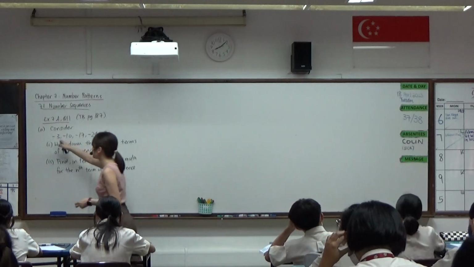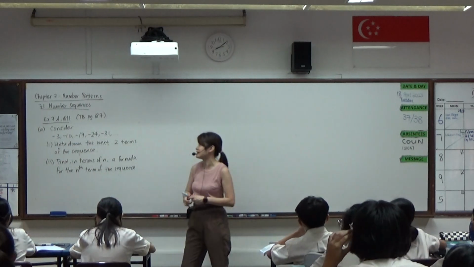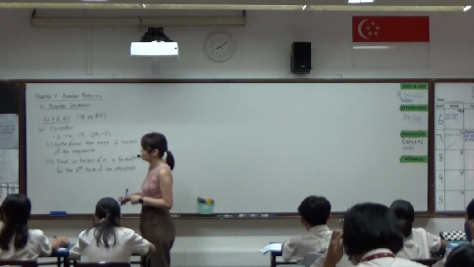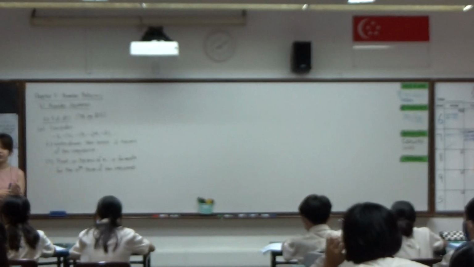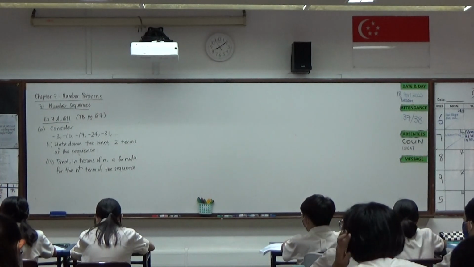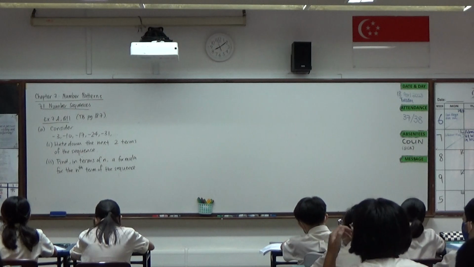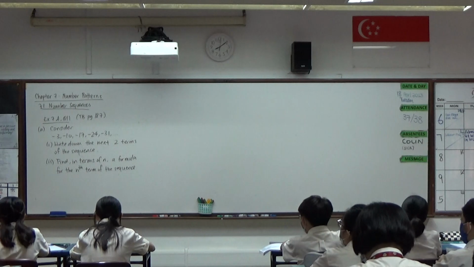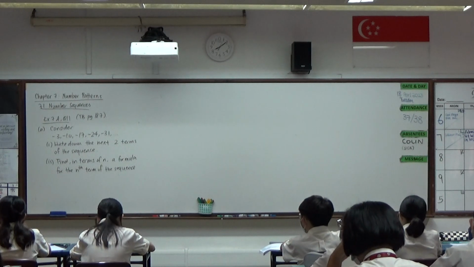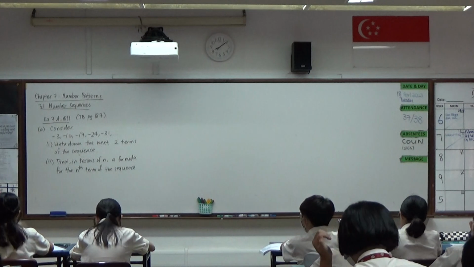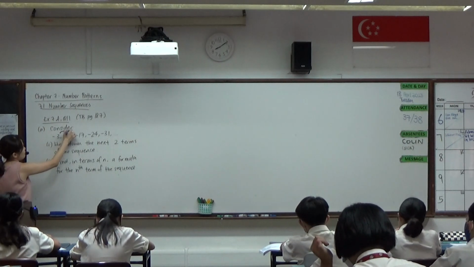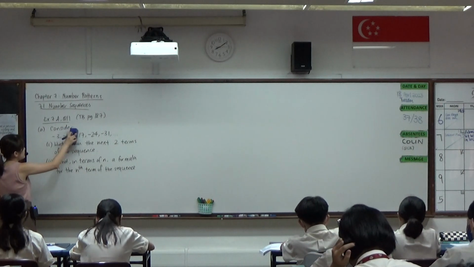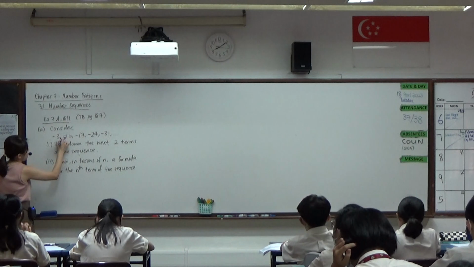Can you tell us what is the number pattern going on here? Plus 7. You sure it's plus 7? Negative 3 plus 7, does it give us negative 10? Plus negative 7. So instead of saying plus negative 7, how do we simplify that? Minus 7, right? So it will just be a minus 7 from one term to the other. So the pattern going on is negative 7.